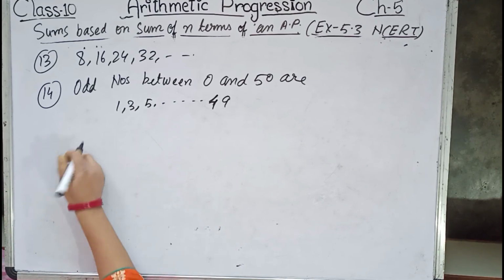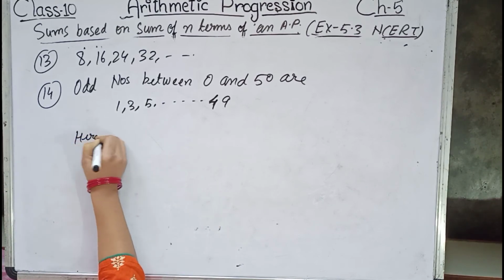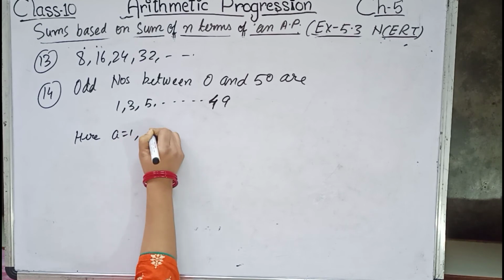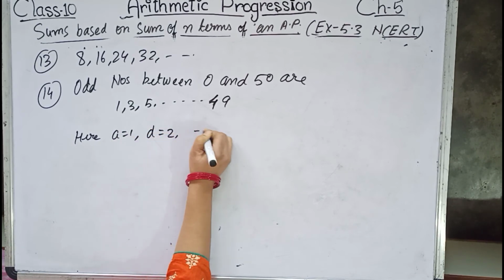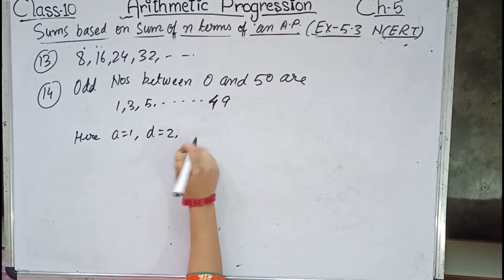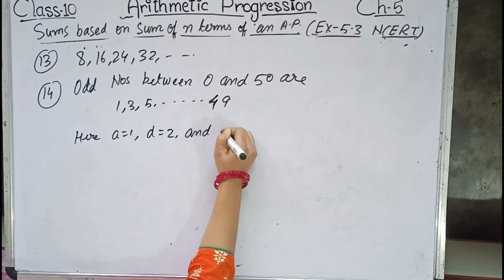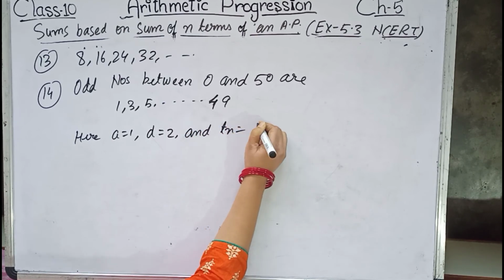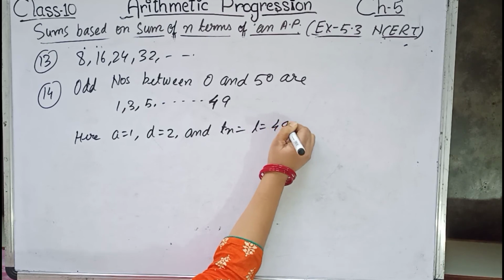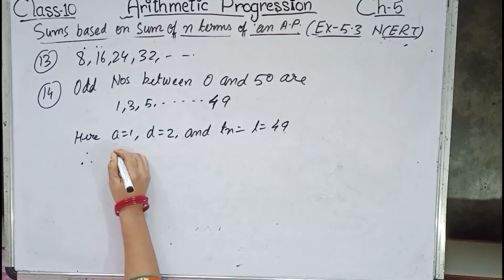So here A equals to 1, D equals to 2 and Tn equals to L equals to 49.